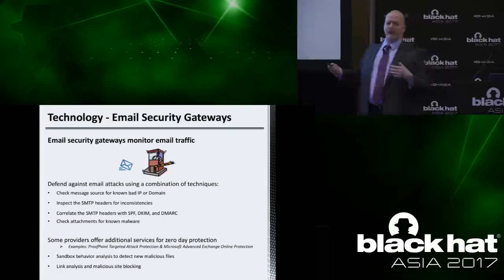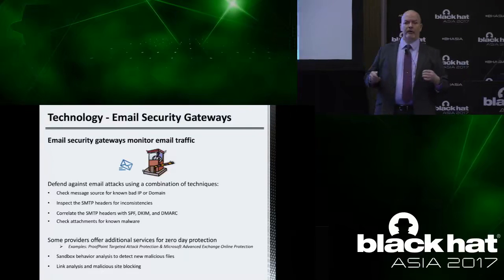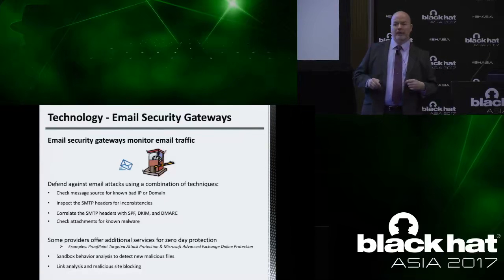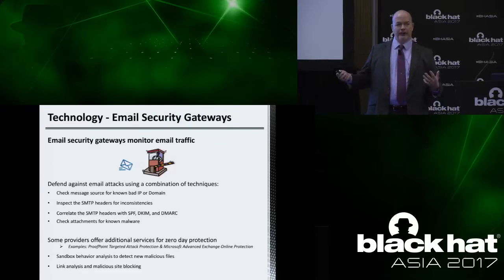The other thing I would suggest, if your company has the budget for it, is to have more than one security gateway in line, because like a lot of security tools, while they do a similar task, the mechanisms or the details of how they execute that task are different.